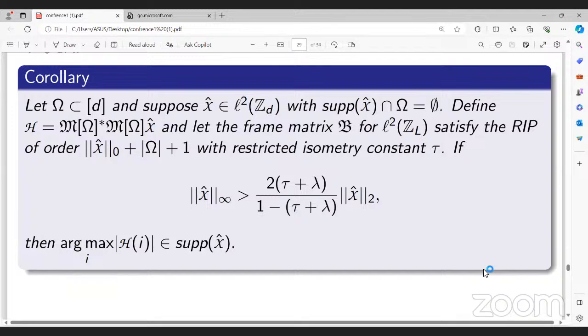If the infinity norm of x cap is greater than 2 times tau plus lambda upon 1 minus tau plus lambda into the square norm of x cap, then the argument maximum of xi belongs to the support of x cap.